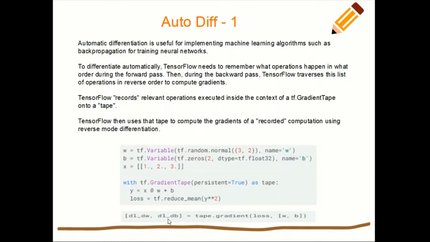So it's a very powerful thing. You can bunch multiple operations under the context of the tf.GradientTape. They are recorded, and then we just have to calculate a gradient by giving the list of the variables with respect to which we want to calculate the gradient.